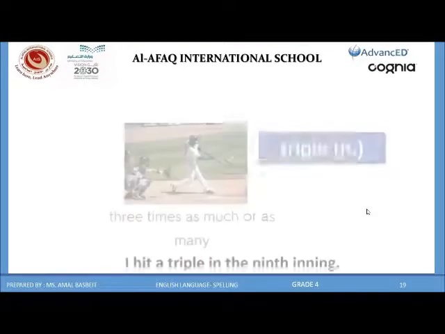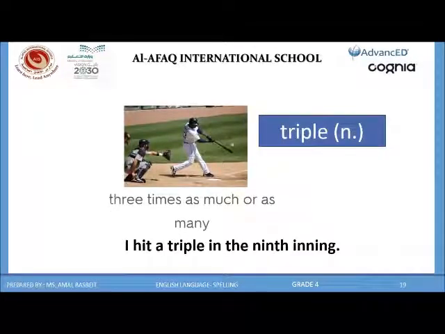Next, the word is triple. Triple is a noun. It means 3 times as much or as many. Another word, as you heard before, is double. There is something called double, triple.